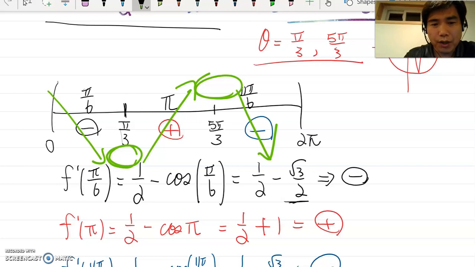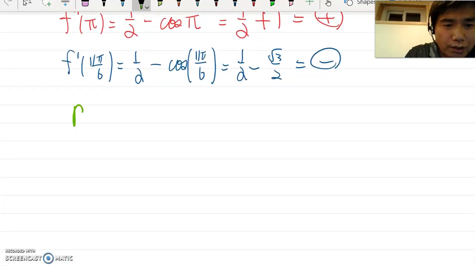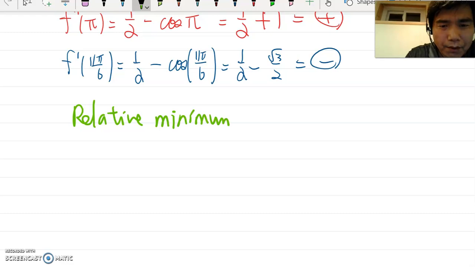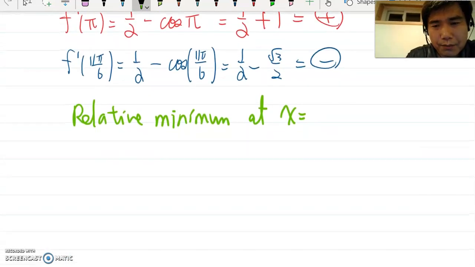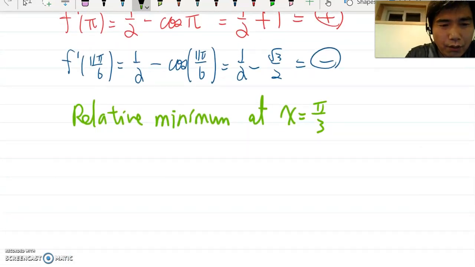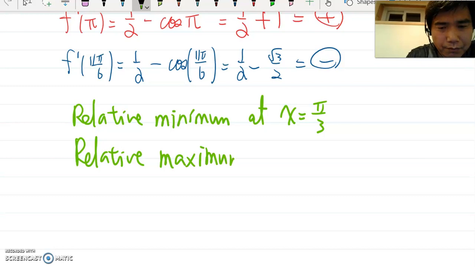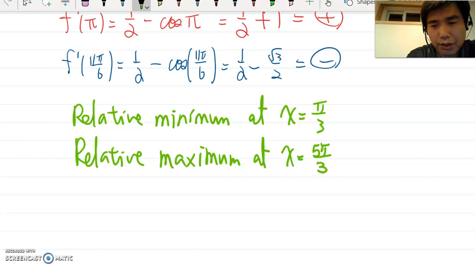Okay, therefore we know that the relative minimum is at x equals pi over 3, and the relative maximum is at x equals 5 pi over 3 here.